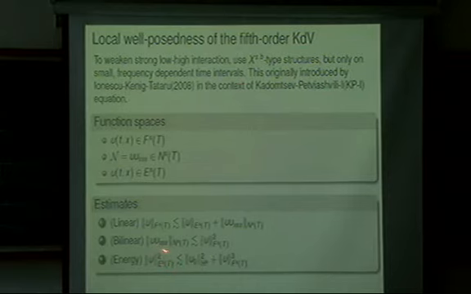And then we can show such a bilinear estimate in that way, and the energy estimate is also proved in a very similar way. So here the energy estimate is true for s greater than 2.